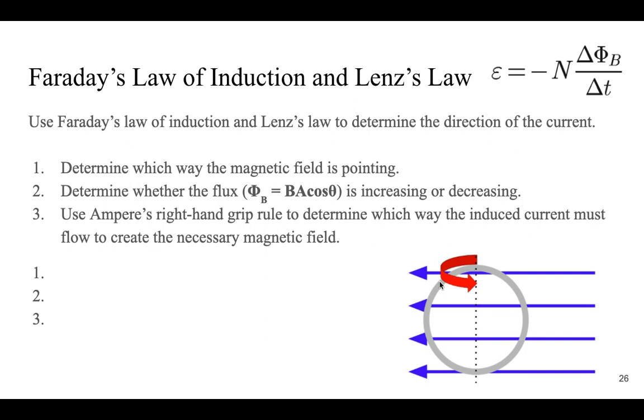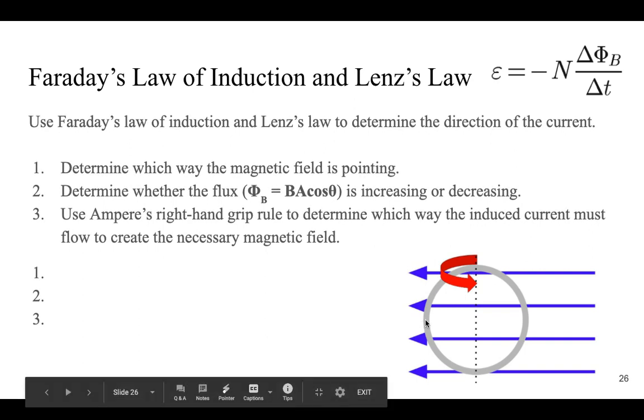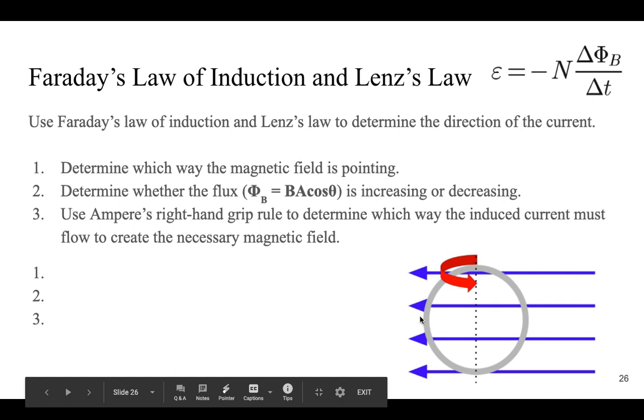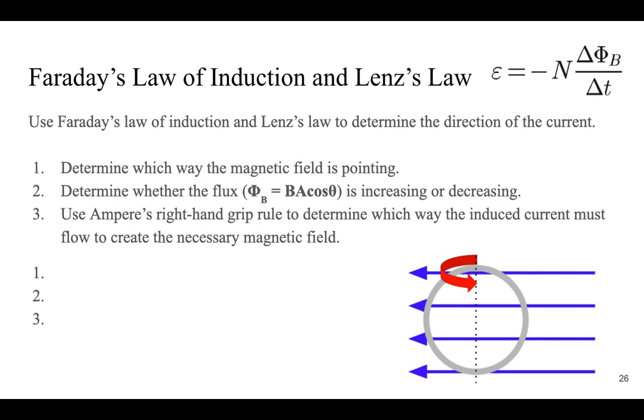As this thing starts to rotate towards us, it's going to be showing its area to the magnetic field. So we're going to start gaining magnetic flux to the left, which means our induced current must create a magnetic field through that area that's going to the right. Which way is going to do that?